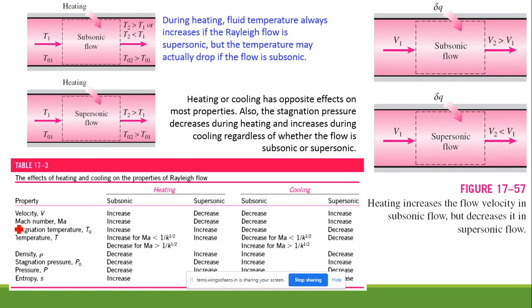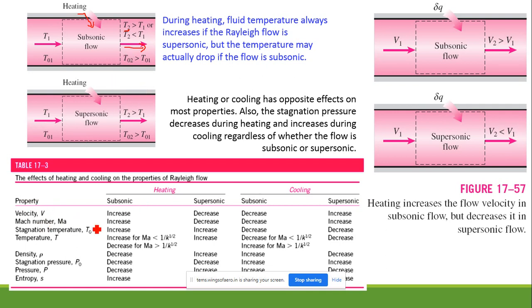You can see here some temperature changes across the flows. Upon heating, for subsonic flow, the temperature after the gas, T02, is greater than T1.